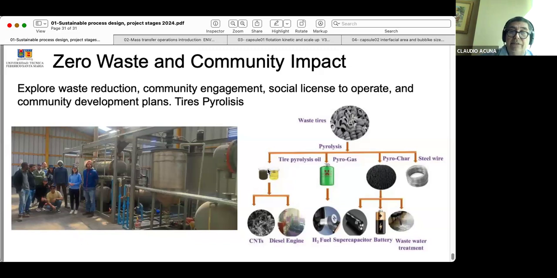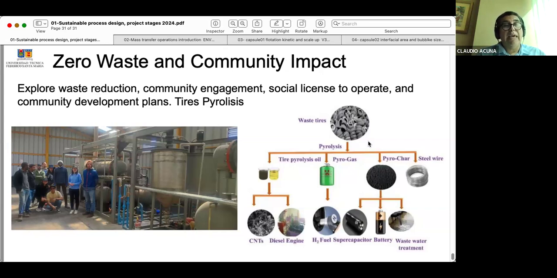In the same vein, tires like those, either from cars or big mining trucks, there is a specific regulation in Chile called the responsibility of the producer. So let's say Michelin, the French company which produces big tires, is responsible for taking care of the final product.